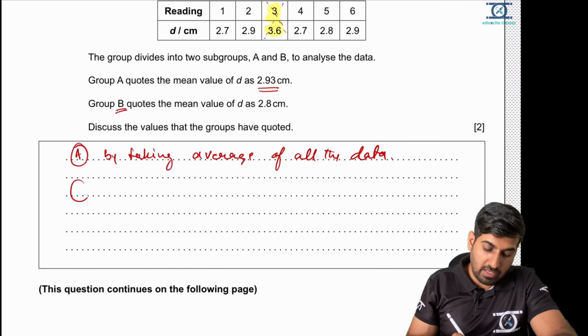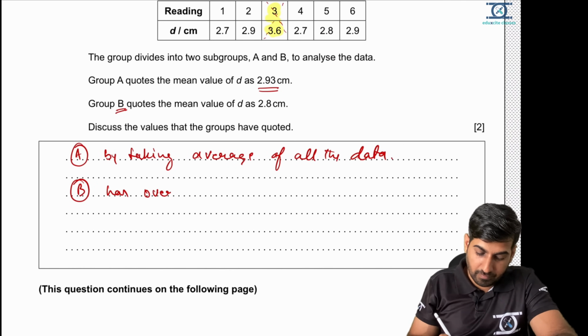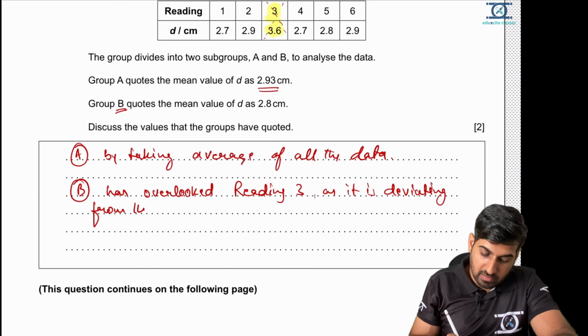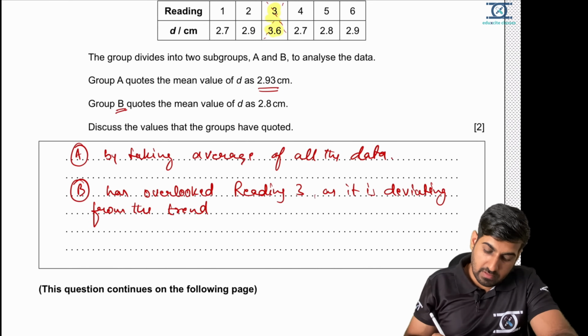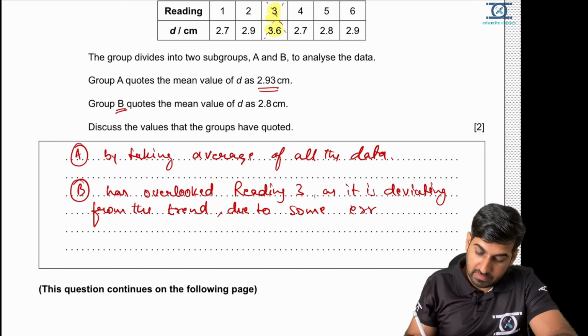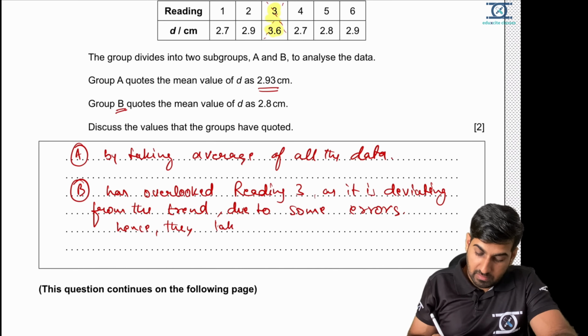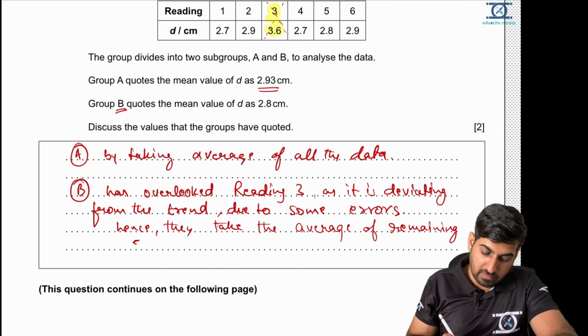Group B has overlooked reading 3 as it is deviating from the trend or pattern due to some errors, and hence they take the average of the remaining 5 readings.